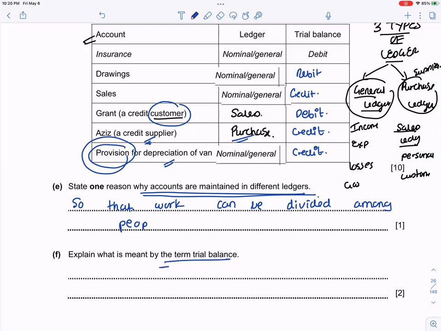Okay, what is meant by a trial balance? Come on, tell me. Prisha, what is a trial balance?